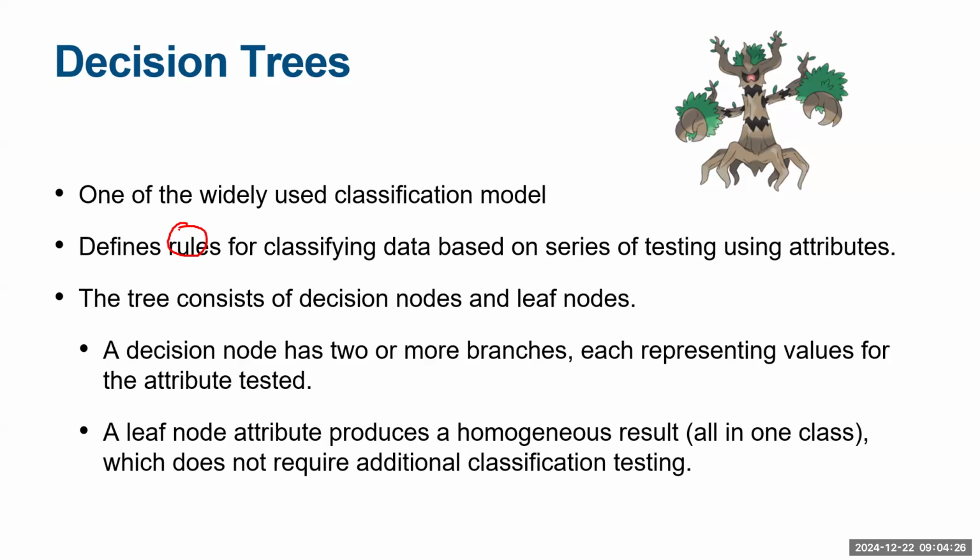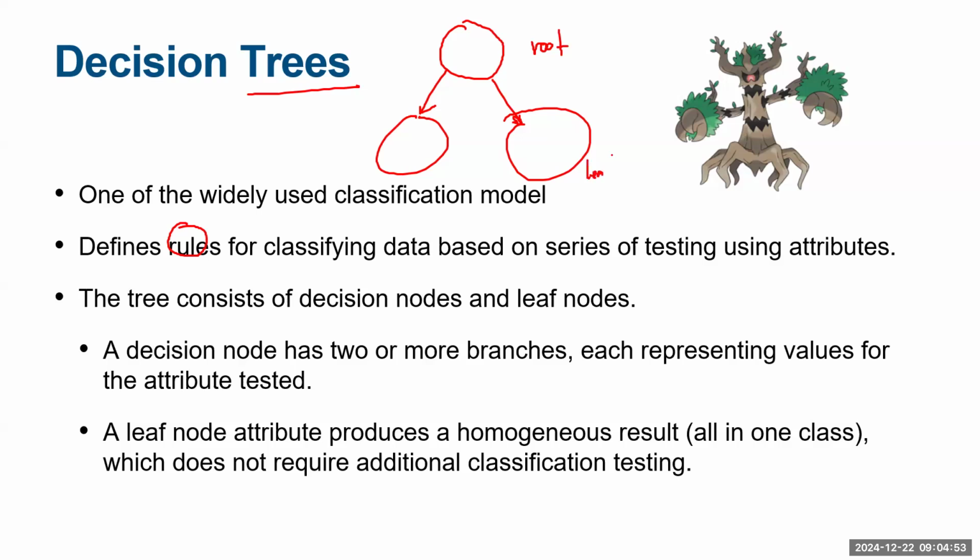In computer science, when we talk about a tree, the tree consists of vertices and edges. For the tree, at the top, we call it the root node. And the node at the bottom, we call a leaf node.